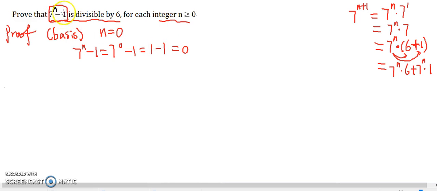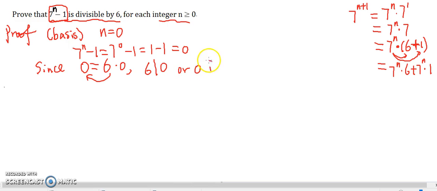It's like saying prove that 0 is divisible by 6, which is obviously true because 0 equals 6 times 0, which tells us 6 goes into 0. 6 divides 0, or you can say 0 is divisible by 6.